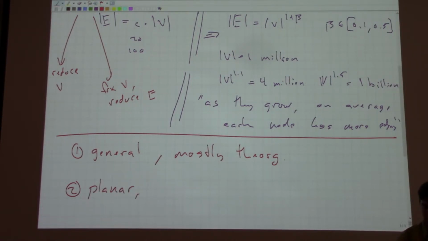The other view is more restrictive. We'll talk about planar graphs, or they don't exactly have to be planar, but we'll think about something that is low dimensional. A good example will be road networks. And so these are going to be more practical.